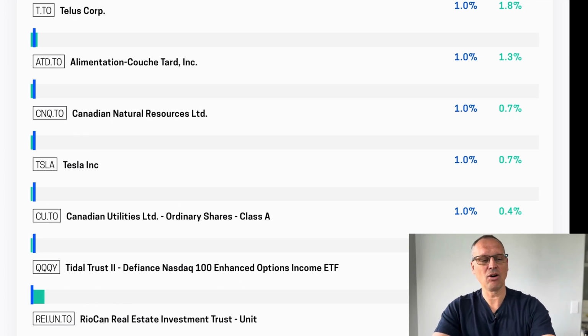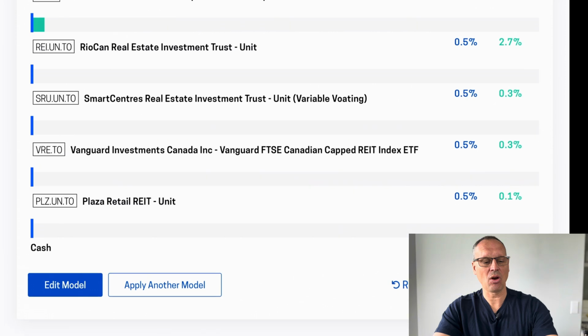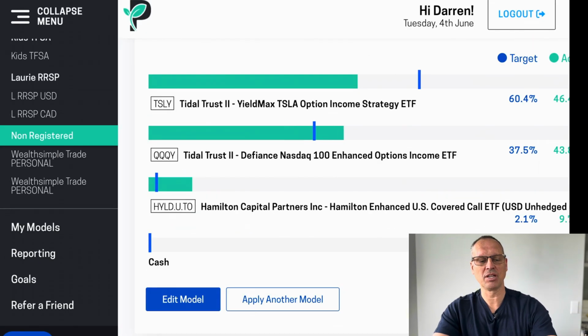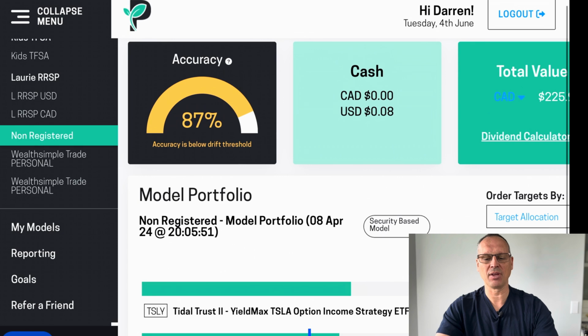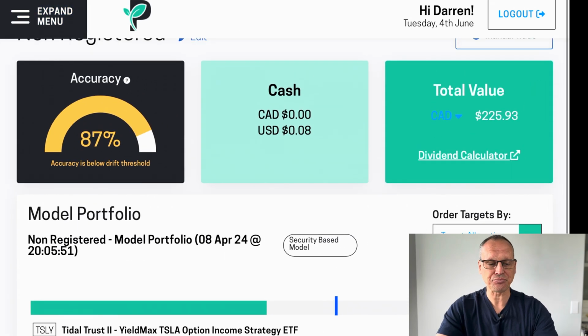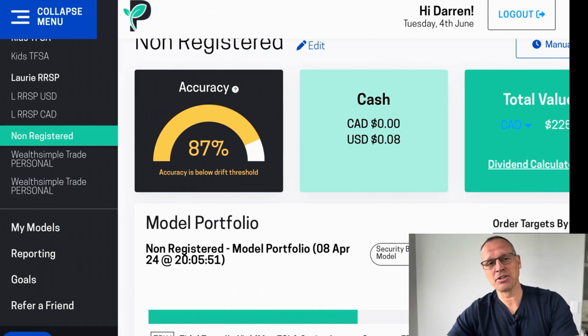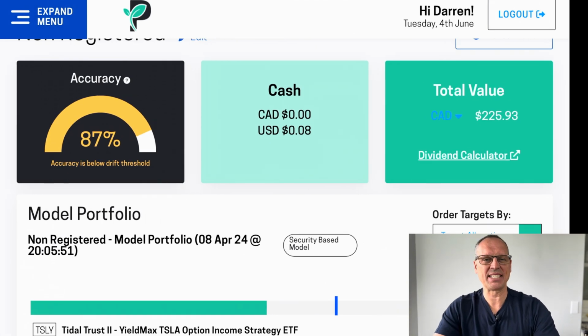So there you go. Oh, and one other account that I should just briefly mention because it might pop up is my non-registered account. In the non-registered account, I was doing a bit of a test. I wanted to see if I could harvest dividends with covered calls.